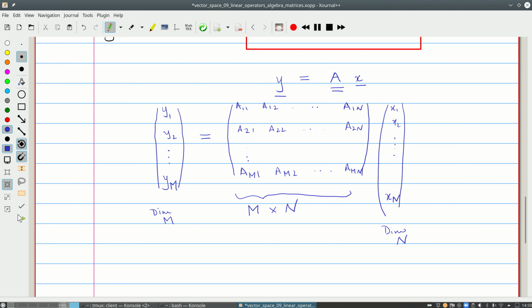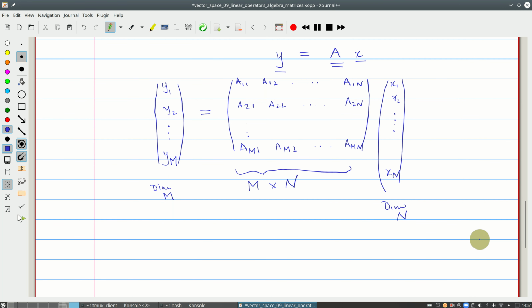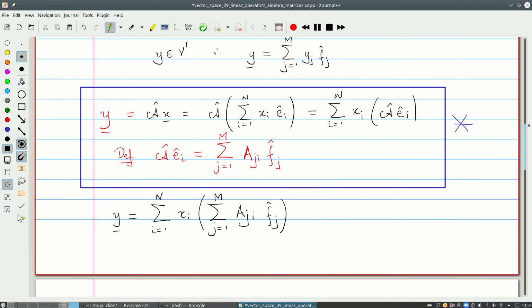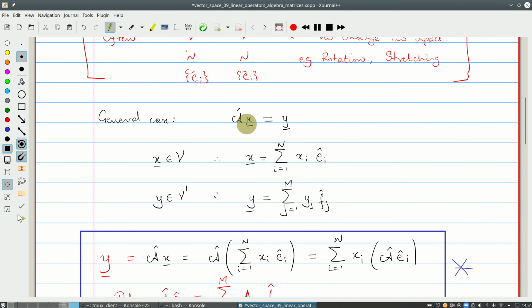Okay, I'll just pause this a minute. Now what we have done is taken an operator A hat which operates on x and gives us y, where we introduce the basis for x and y.